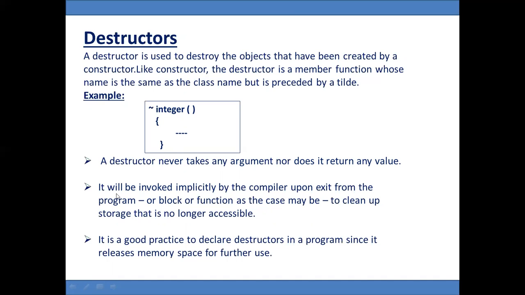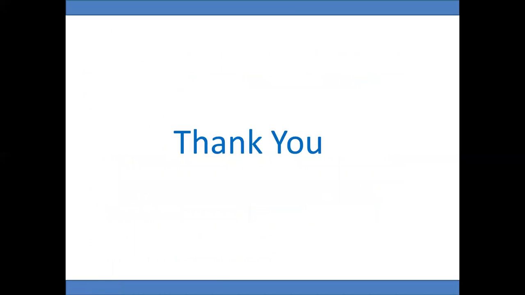Okay, it will be invoked implicitly by the compiler upon exit from the program to clean up storage that is no longer accessible. It is a main point of destructors. It is good practice to declare destructors in your program since it releases memory space for further use. Okay, thank you.